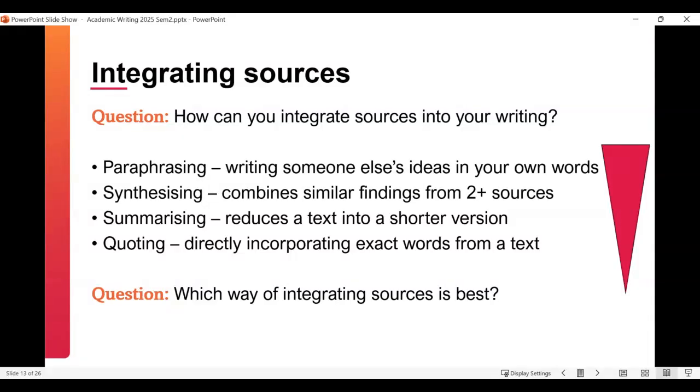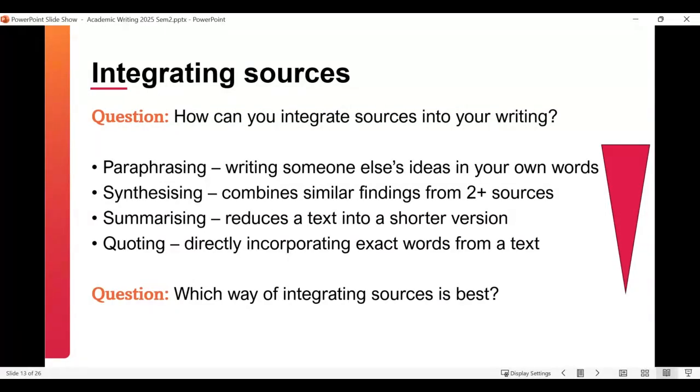And direct quoting, you should do least of all, not very often. If possible, not at the beginning of your writing or the beginning of a paragraph. The reason is that if you do direct quoting, you're letting someone else do the talking in your text. It's not your idea, it's not even your words, it's their words, their writing, their way of saying things.